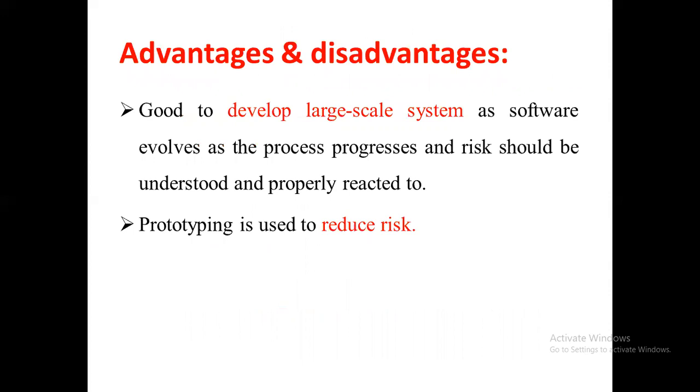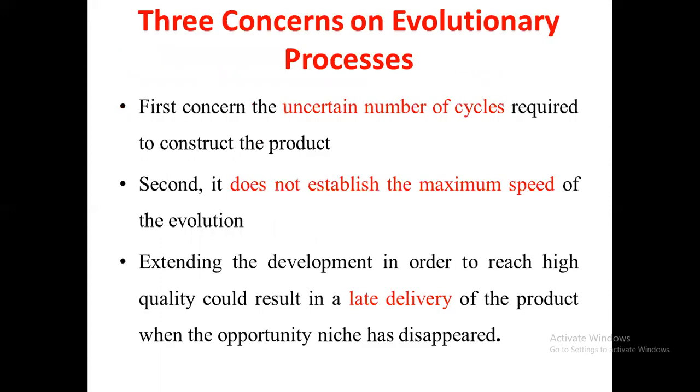When it comes to the advantages and disadvantages of the spiral model, the spiral model is good for developing a large scale system because we do the risk analysis and we reduce the risk. So this is the main advantage. And when it comes to the disadvantages of the evolutionary model, one thing is that we don't have a clear idea about how many iterations are required for developing the final project.